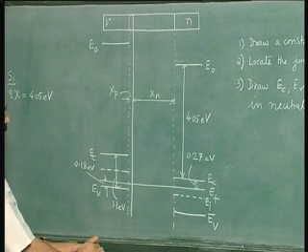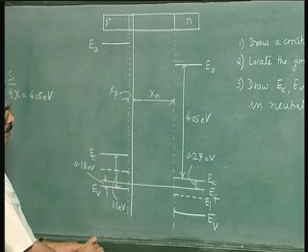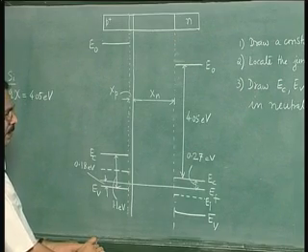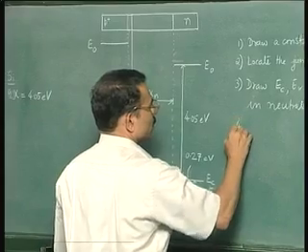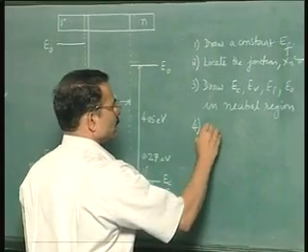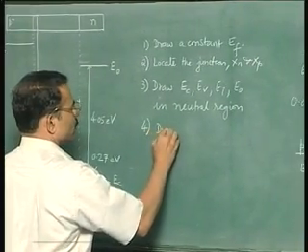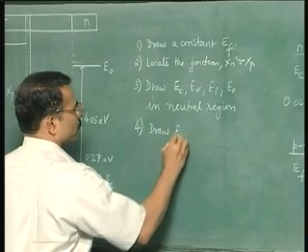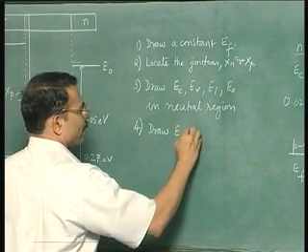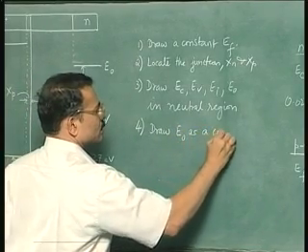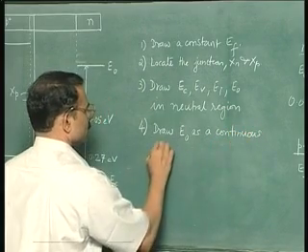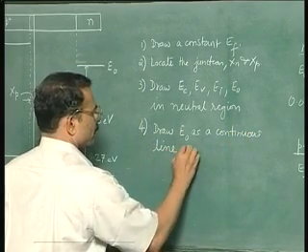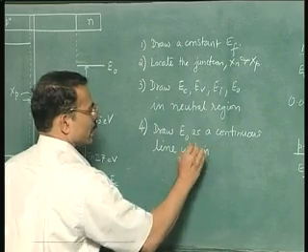Now the next step is to complete the band diagram in the depletion layer. So fourth step, draw E naught as a continuous line within the depletion layer.